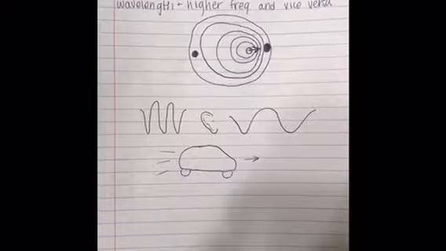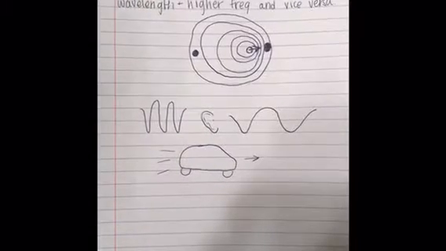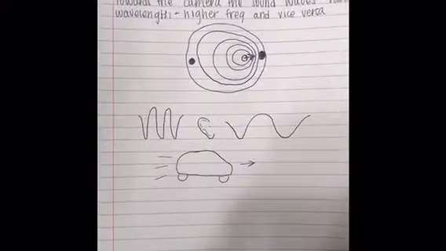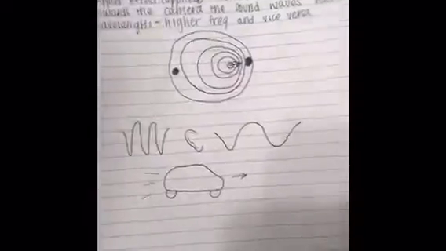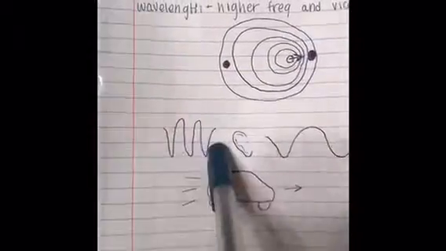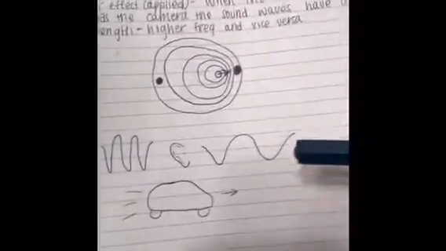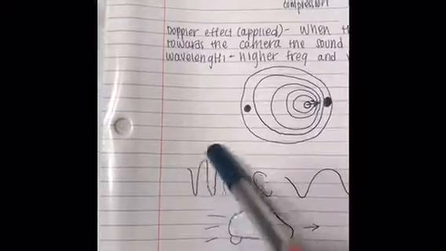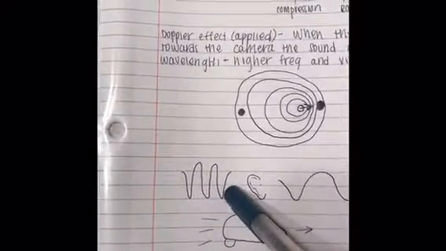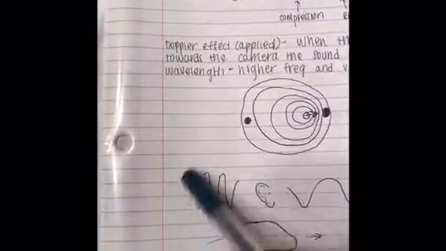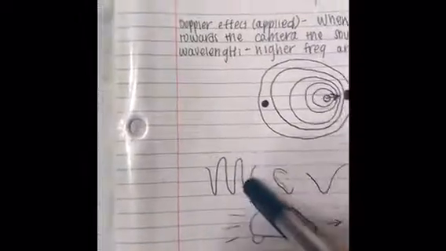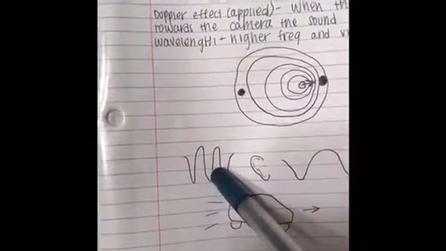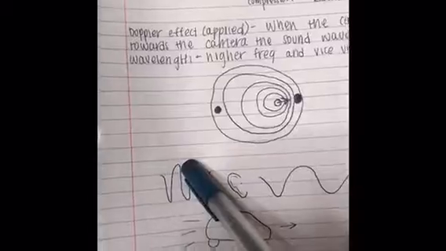To give another good diagram showing exactly what is happening scientifically, I have a drawing here showing the waves when the car is coming towards versus when the car is driving away. When the car is coming towards us, we can see that the wavelengths are much shorter. The distance from trough to trough or crest to crest is much shorter, meaning it's going to sound a lot louder because it has a much higher frequency.